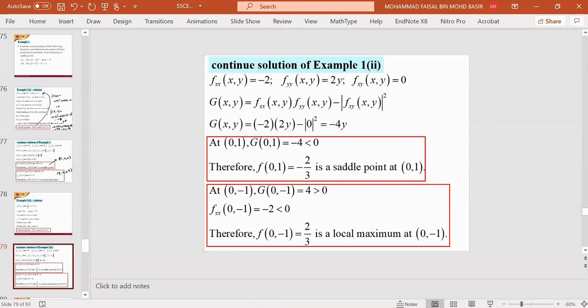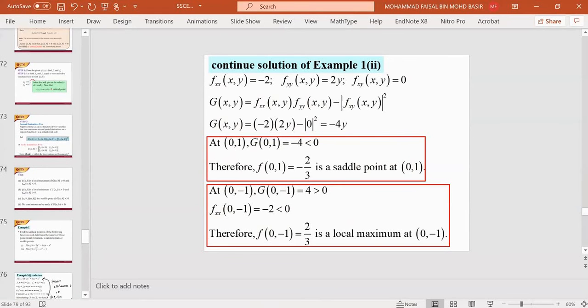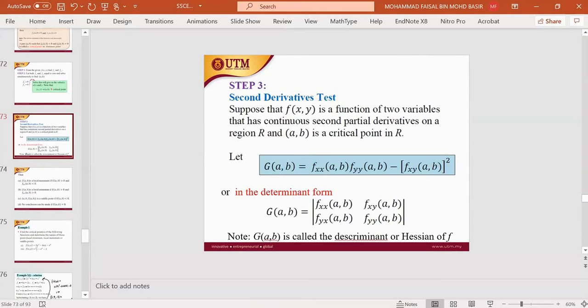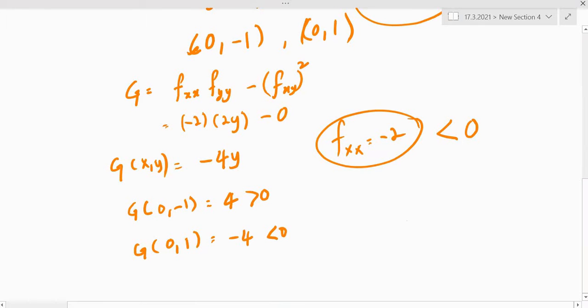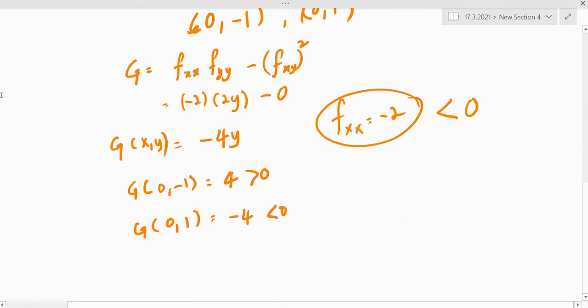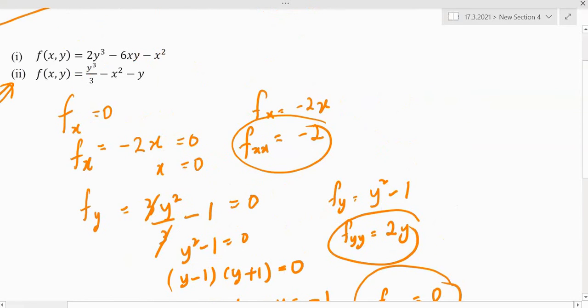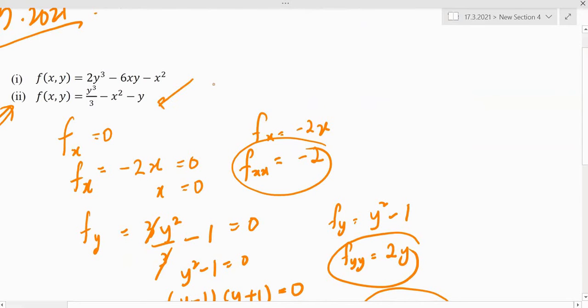Therefore, if g is less than 0, straight away you can say it is a saddle point. But before that, don't forget to substitute here 0, 1.